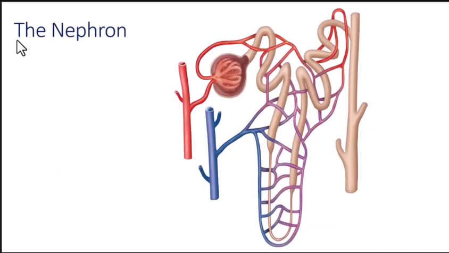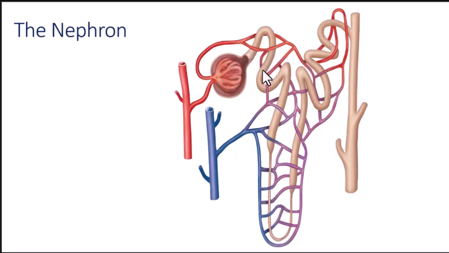Quick anatomy refresher. Remember that the nephron is the functional unit of the kidney, and there are roughly 1.2 million per kidney. These are the units that are ultimately going to be concentrating the fluids that go through them to produce urine. And remember, we have the glomerulus here that receives blood that gets filtered into Bowman capsule.